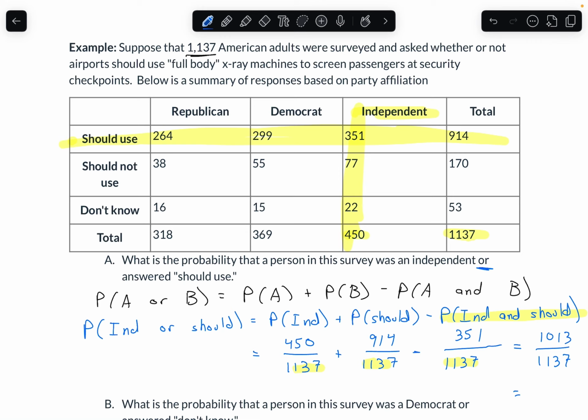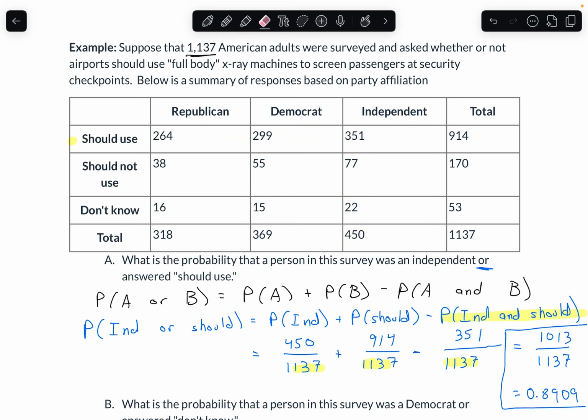Or if I wanted to give that as a decimal, that would be 0.8909. So there is my solution. It's that "and" probability that we want to remember to subtract every time, because it is going to pop up relatively frequently. Not always, but most of the time.